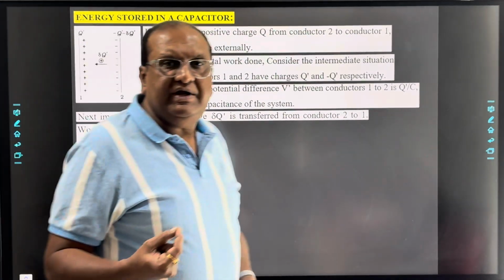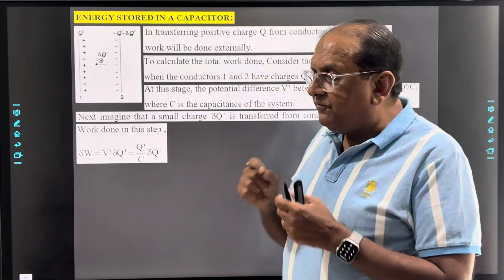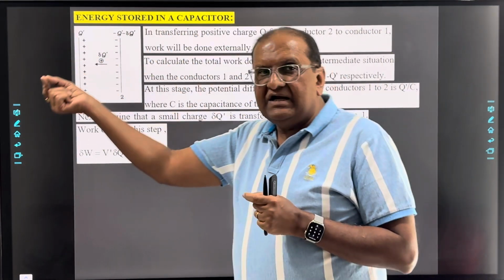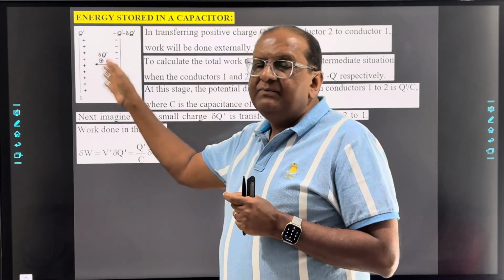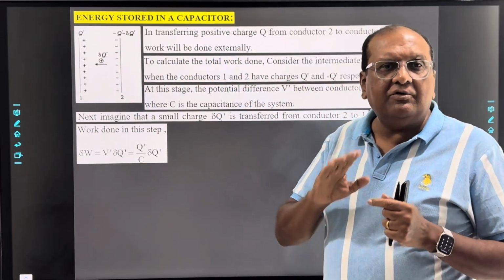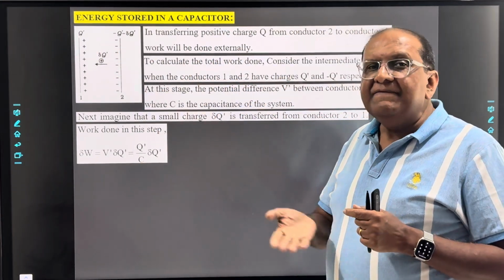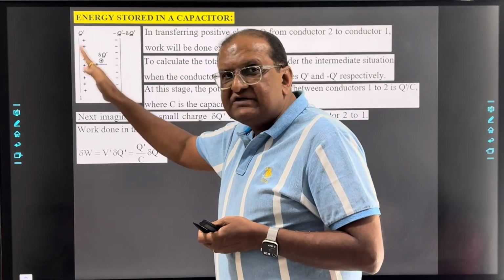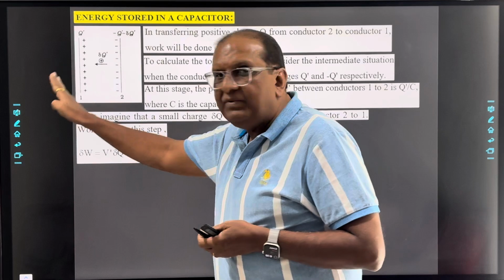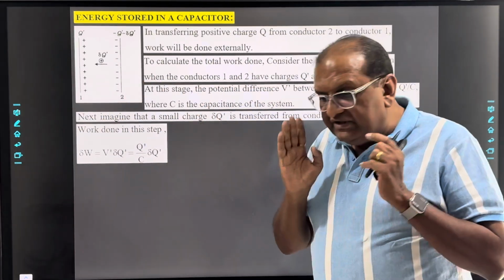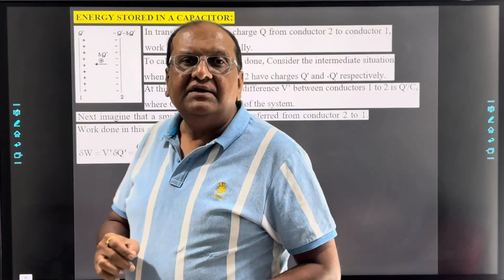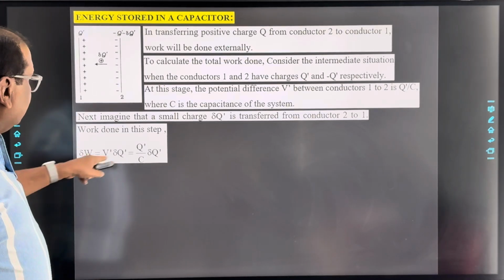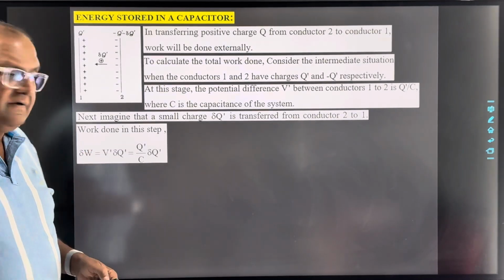So starting from 0 up to total charge Q being deposited on the capacitor, or in other words from 0 to Q being transferred from plate 2 to plate 1, we calculate the total work done by integrating this equation.